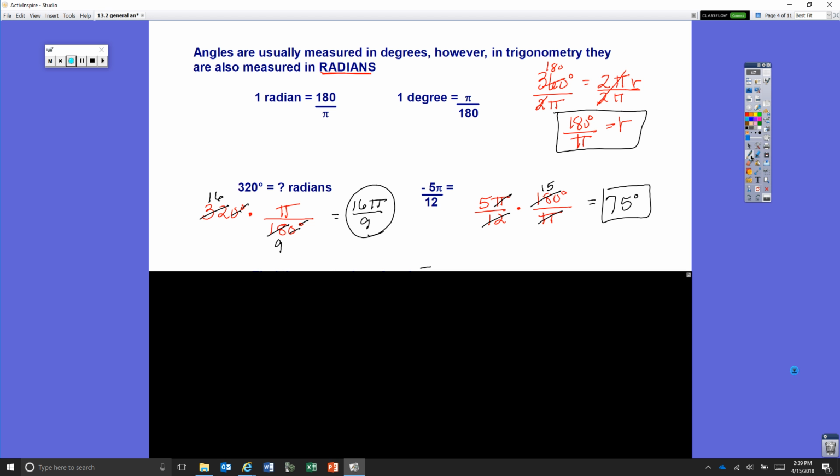We can try another one. Let's see what 200 degrees is equivalent to in radians. Well, it's degrees, so I need my 180 degrees in the denominator to reduce out. So the degrees and the degrees reduce.